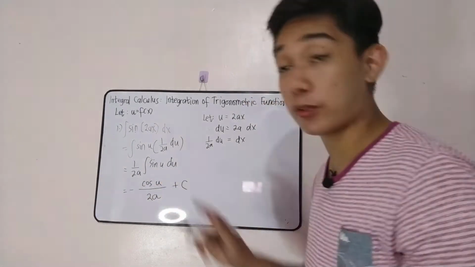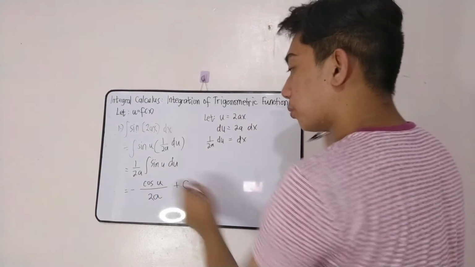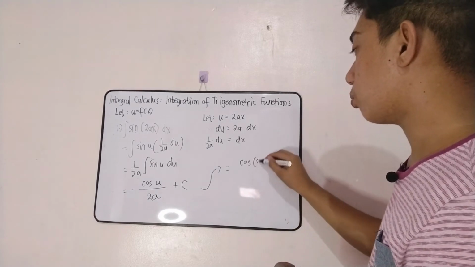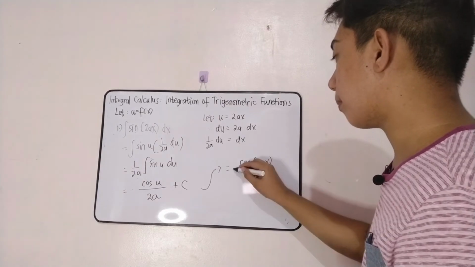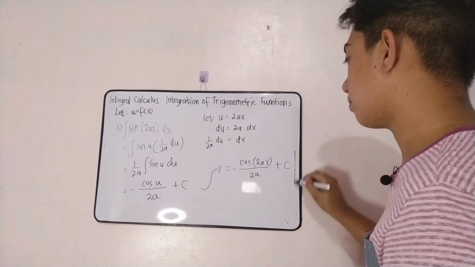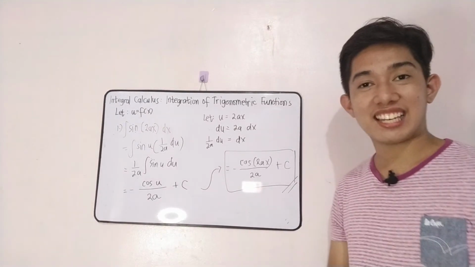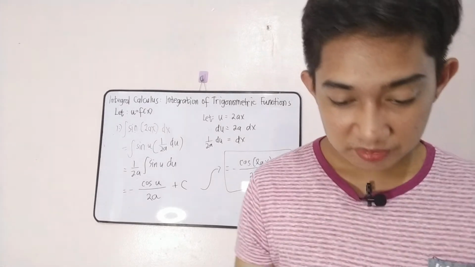Oh, it is not final yet, because there is still u. We revert the value of u, so it becomes negative cosine of 2ax over 2a plus c. So, this is your final answer. Right? It is easy, and this is just the first number.